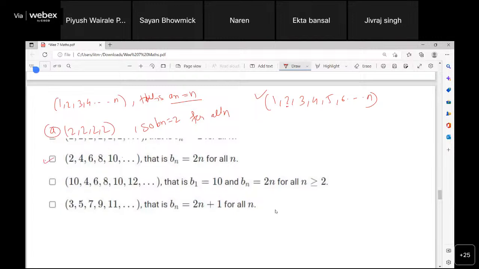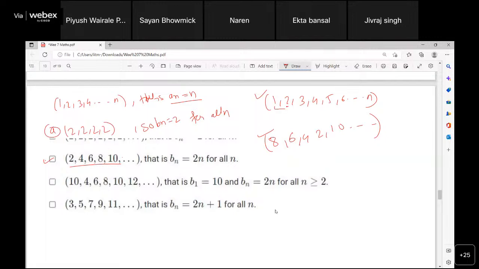Now if I write 8, 6, 4, 2, then 10, will it become a subsequence? No, no. It has to be that a n plus 1 should be more than a n, sir. So what is basically a subsequence?